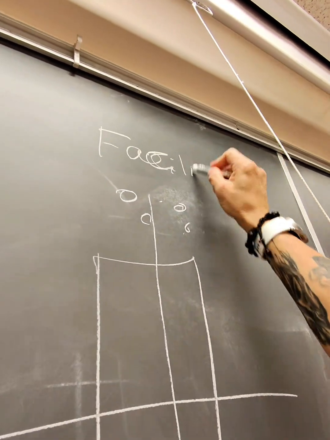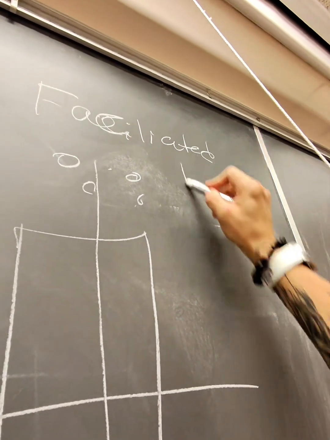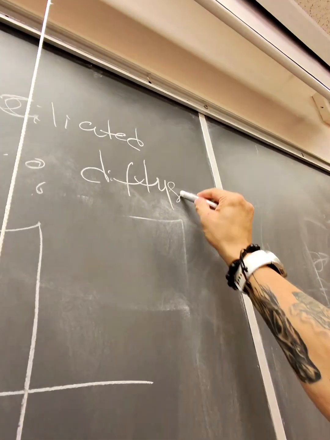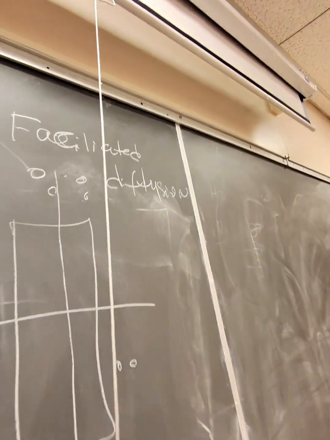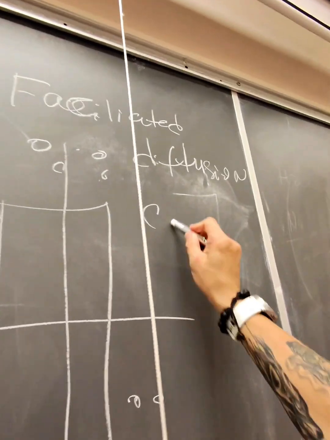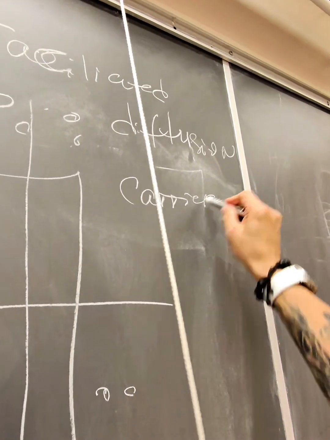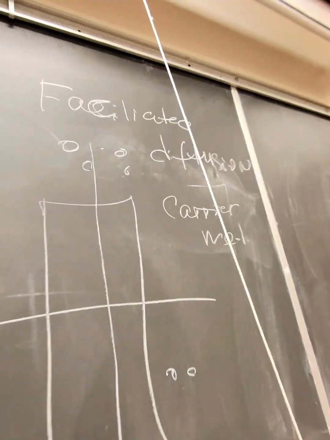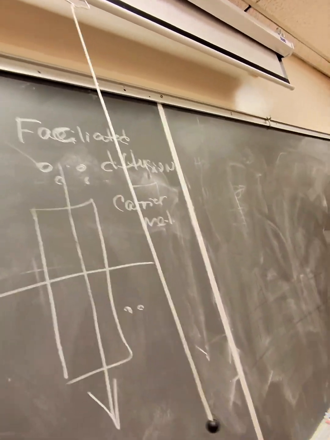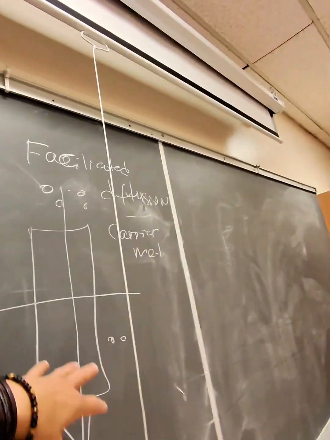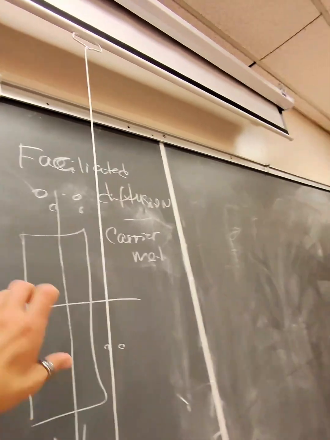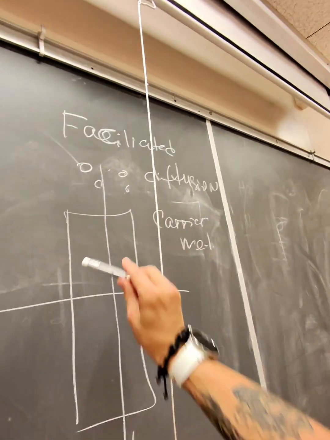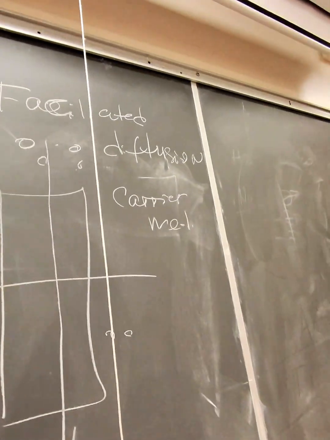Facilitated diffusion, right? Or carrier-mediated diffusion. For ions or for molecules, if they fit the shape, they go through the facilitated, or if it's carrier-mediated, so they go through.